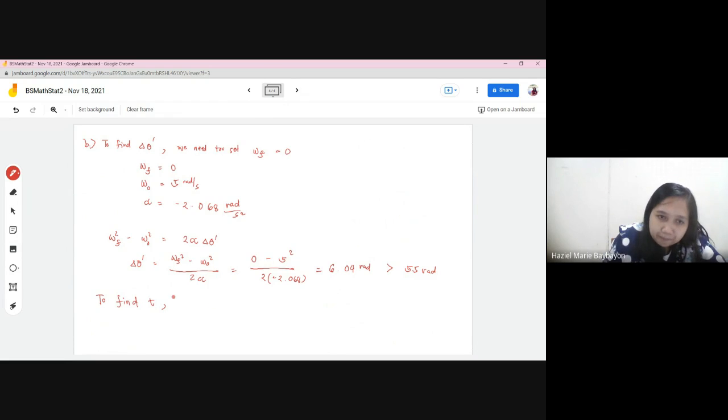So, T can be obtained using this equation: omega final equals omega initial plus alpha times time. Manipulating this, we have T equals omega final minus omega initial divided by alpha. So we have 0 minus 5 divided by negative 2.068.